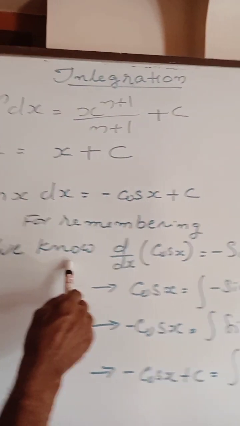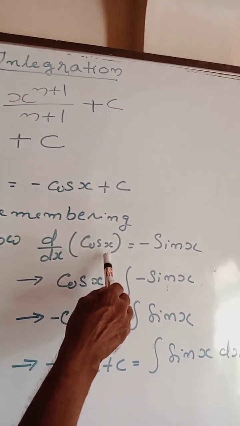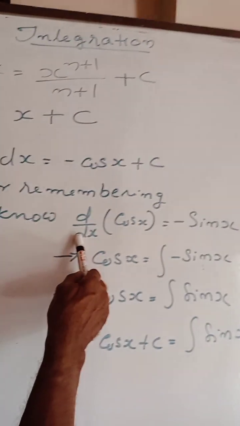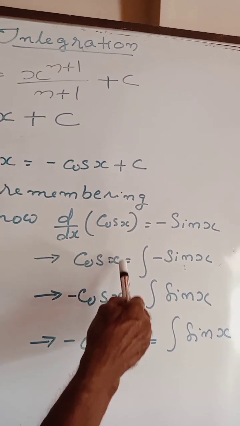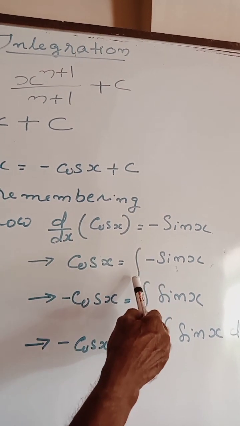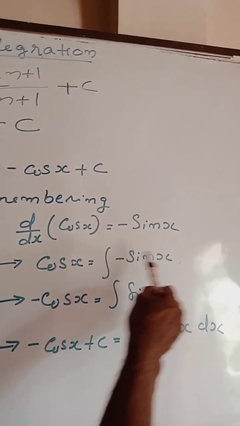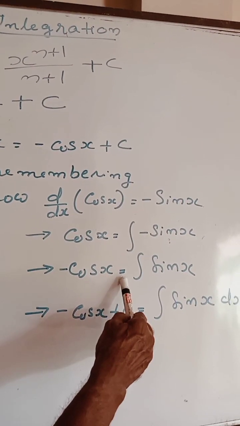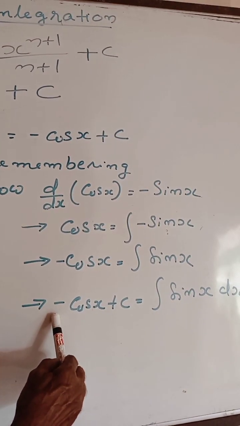For remembering, we know the derivative, d by dx of cos x, is equal to minus sin x. Removing d by dx from here, we get cos x, and put an integration sign here. Then integration of minus sin x implies that minus cos x is equal to integration of sin x.